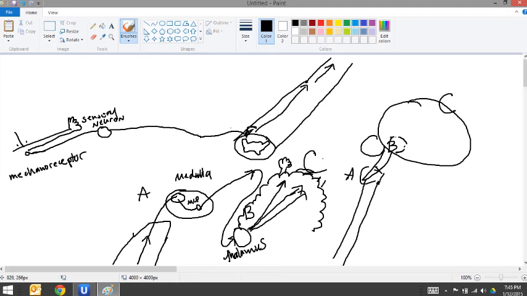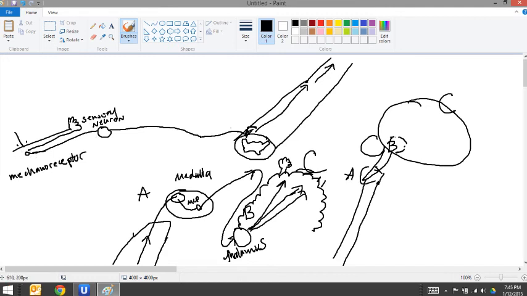So the different steps here really are, there's a sensation step where the information goes to the spinal cord, and then there's just A, B, C. A, medulla, B, thalamus, C, cortex. So sensory information is perceived by sensory neurons.